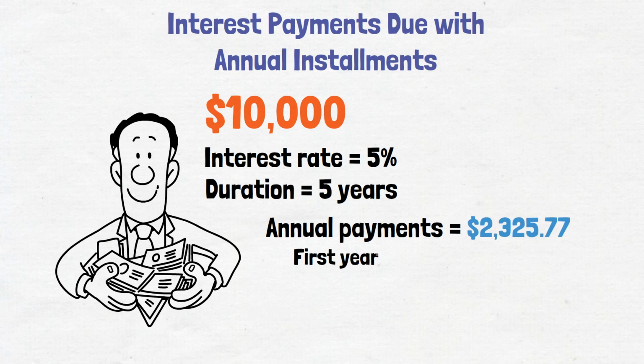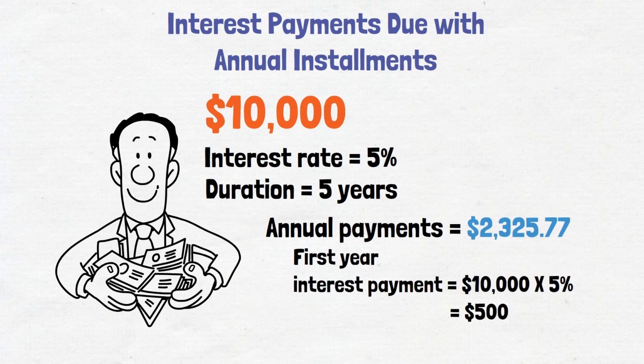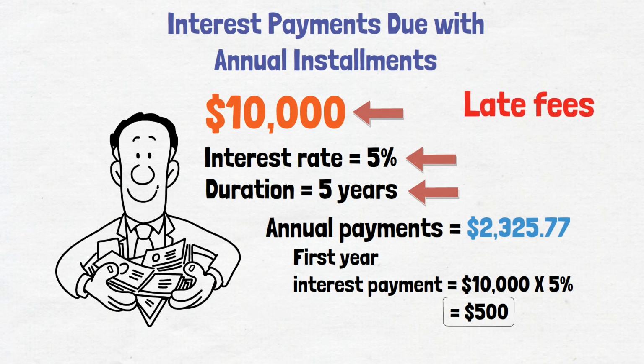The interest payment for the first year would be $500, 5% of $10,000, and this amount would decrease each year as the outstanding balance of the loan is reduced. It's important to note that the interest rate, loan term, and payment schedule can all impact the amount of interest payments due with annual installments. Additionally, if the borrower fails to make a payment, they may be subject to late fees and other penalties.